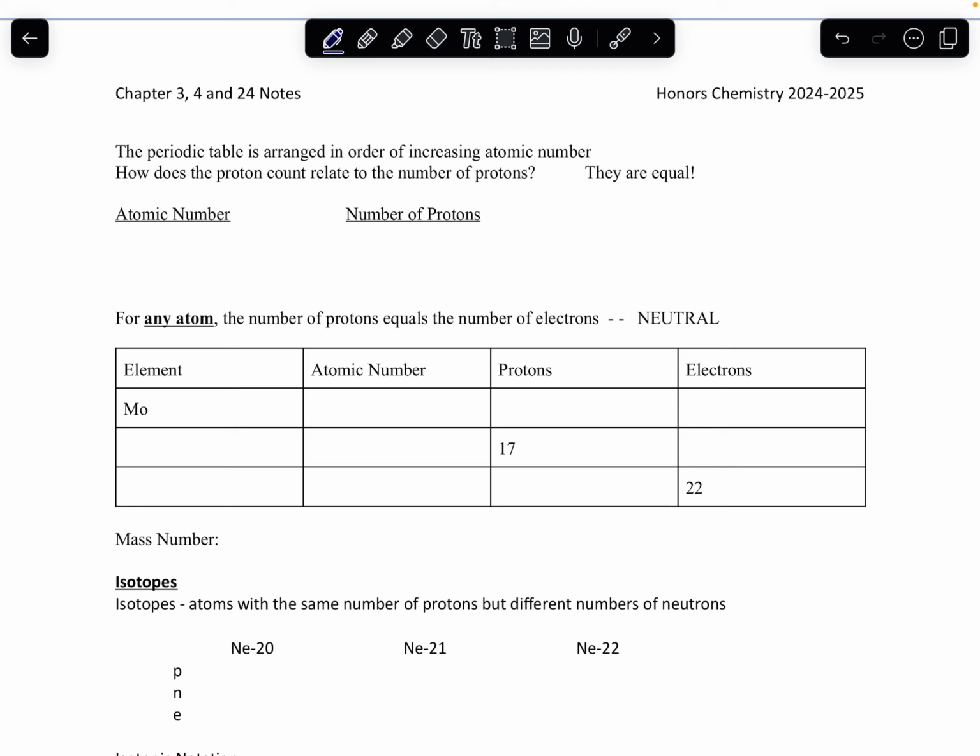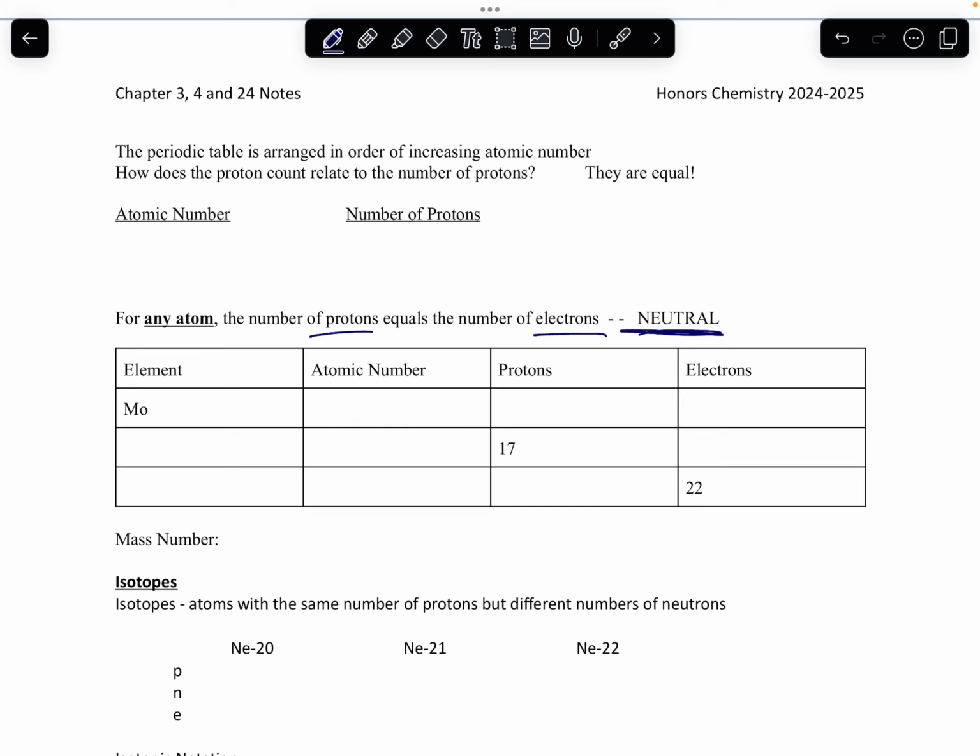If I'm looking at an atom, atoms are always neutral. The reason for that is because my protons and my electrons are always going to balance each other out if it's a neutral atom. If it's a different number of protons and electrons, then it's called something else we'll get to later on.